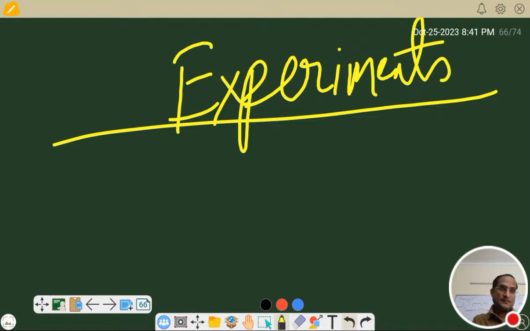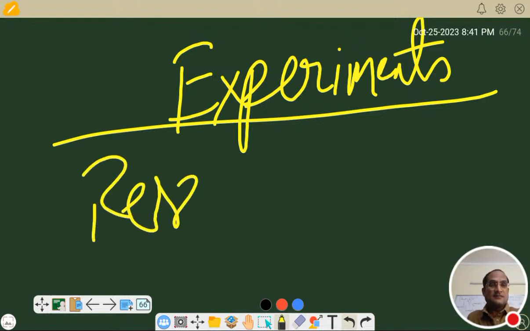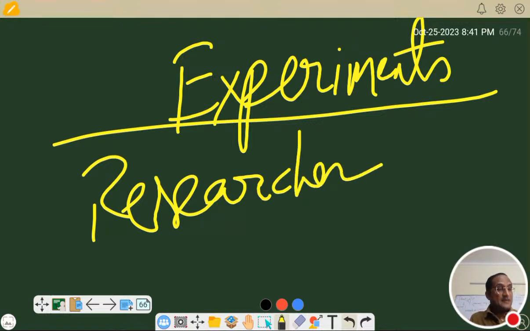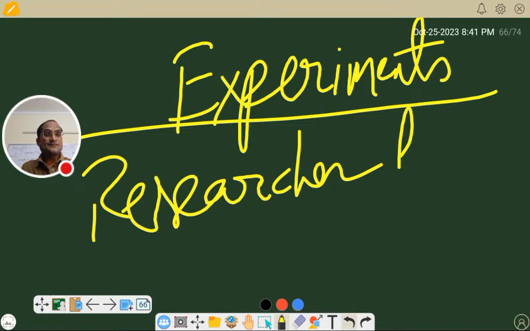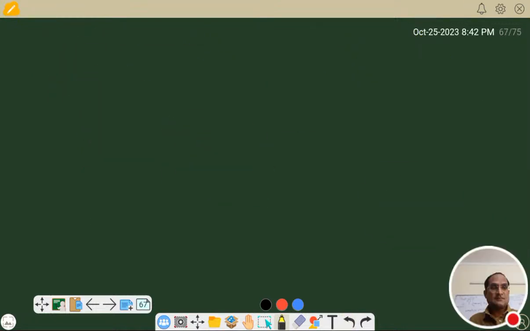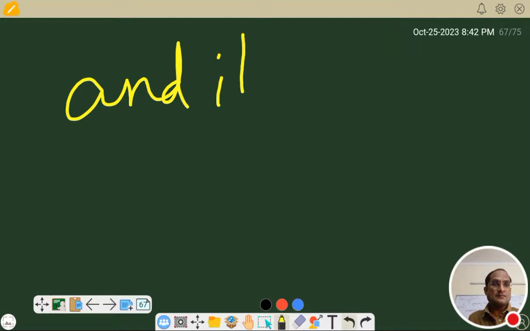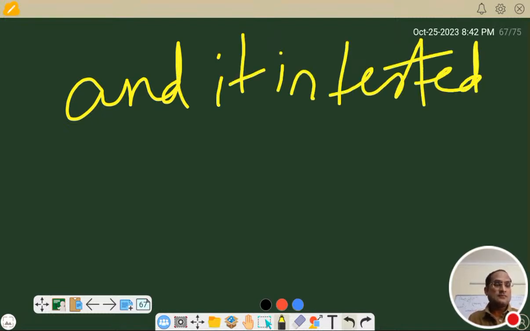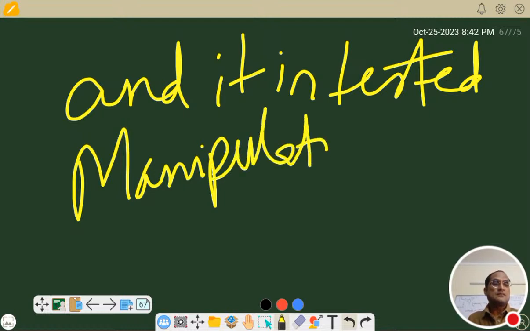When the researcher generally has a hypothesis in mind, and it is tested through the method of manipulation of one variable which is called independent variable, IV.